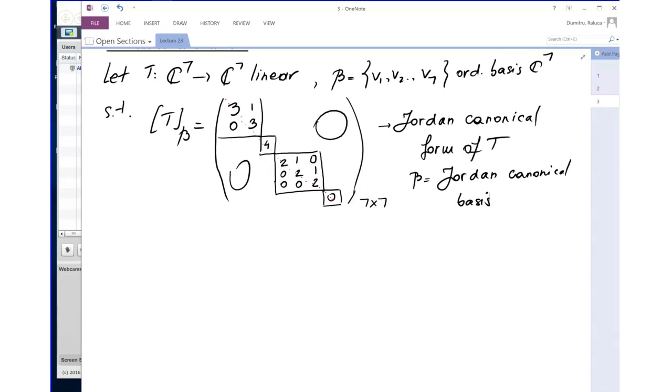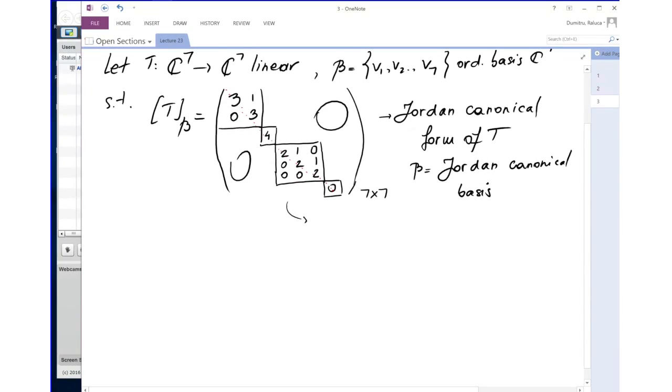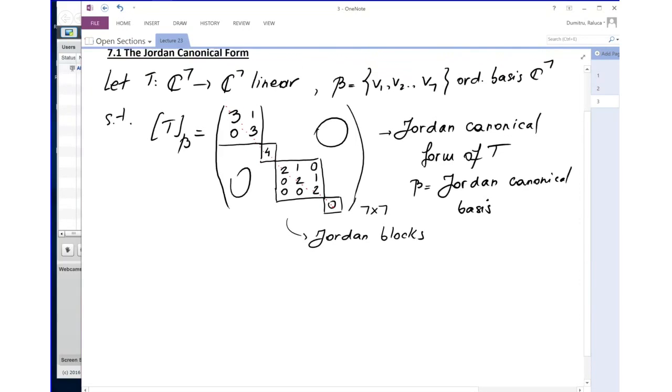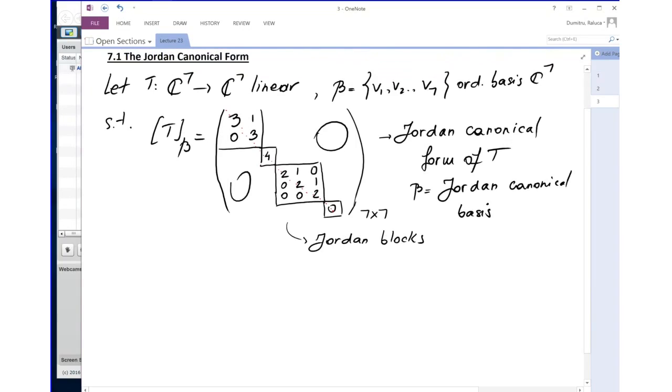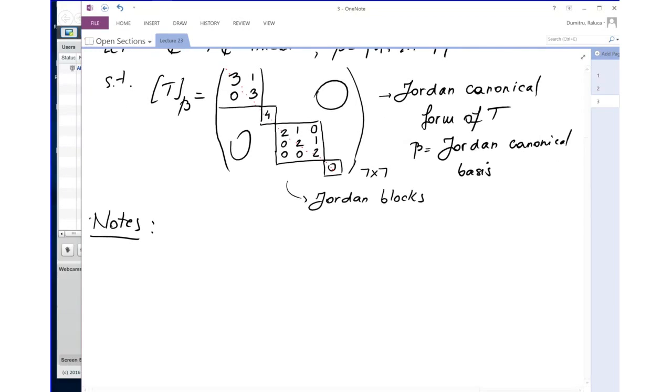And each of those blocks will be called Jordan blocks. Okay. So what we'll learn here is how to actually find such a thing, right? But before we go into the theory, I want to show you what kind of properties those blocks will have and what they tell you about the operator, in fact.